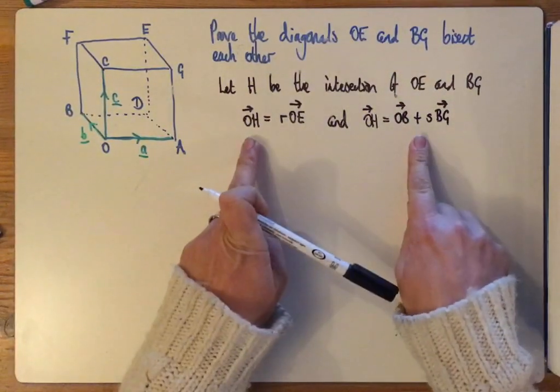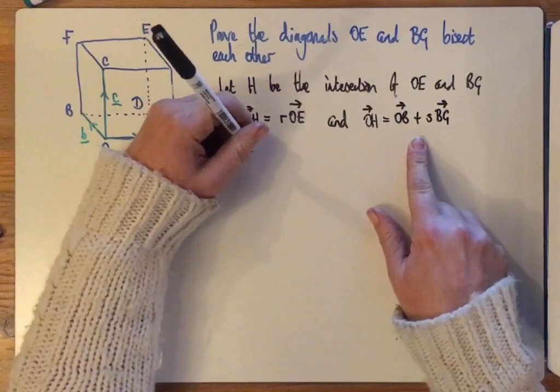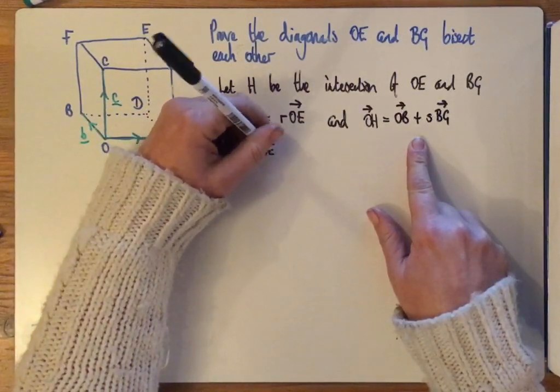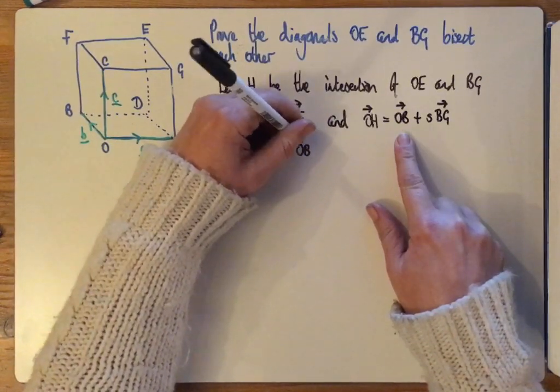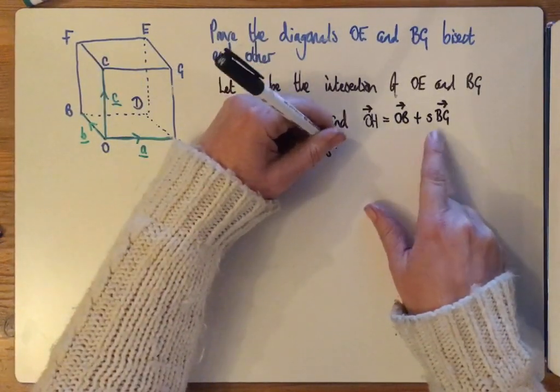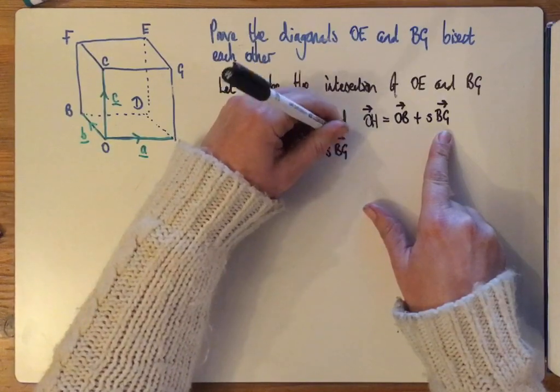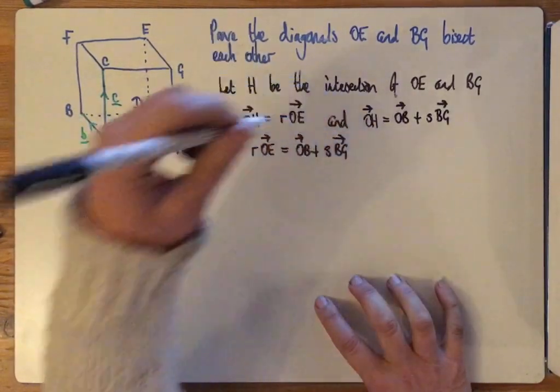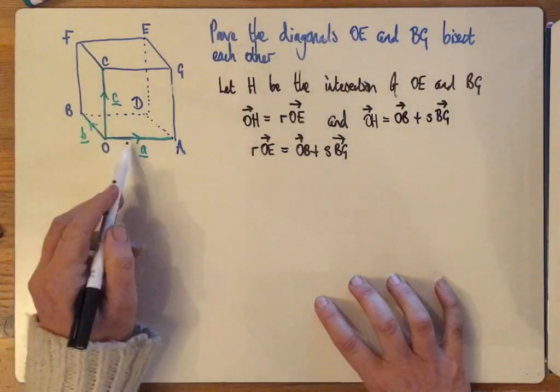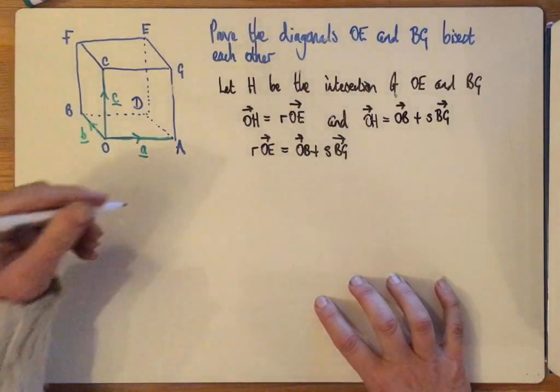From these, we've got two different ways of going along OH. So R OE is equal to OB plus S BG.